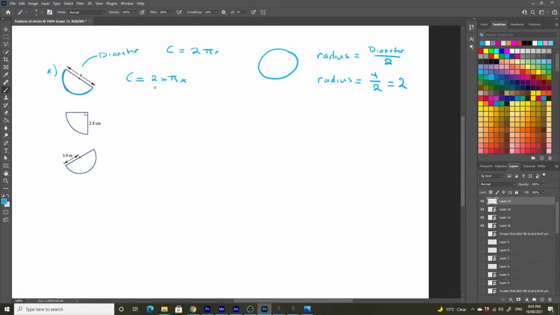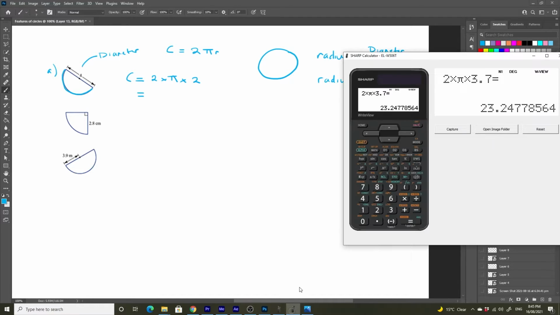So we can go back to our circumference and we find that it's 2 times pi times 2. That's going to be equal to 12.56.